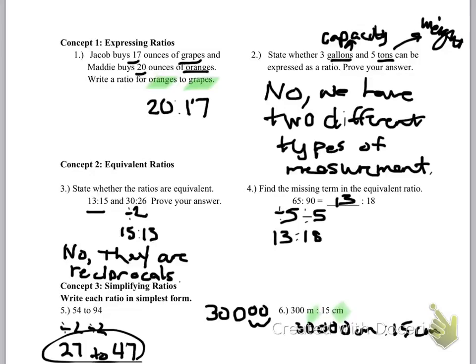Now, even though that says 30,000, I immediately see 30, and I see 15, and I know that 15 times 2 gives me 30. So on this problem, I know that I can divide by 15. Divide by 15. So this becomes 1 centimeter.